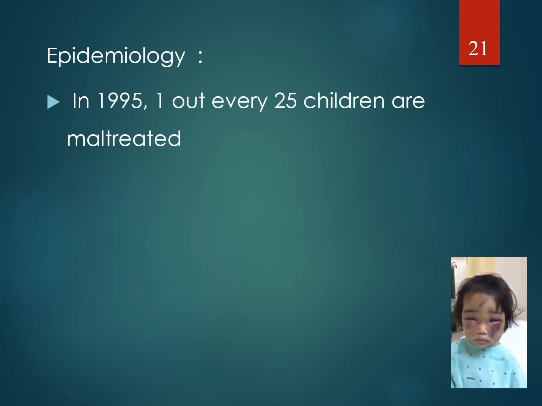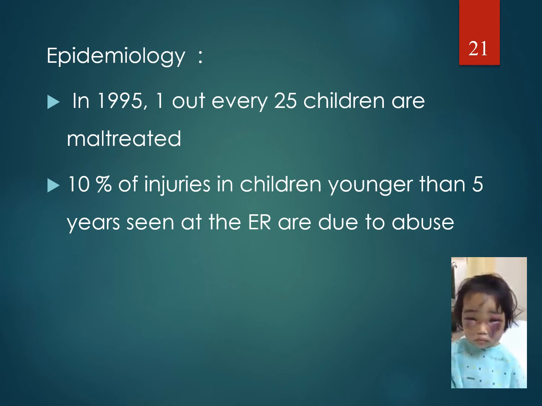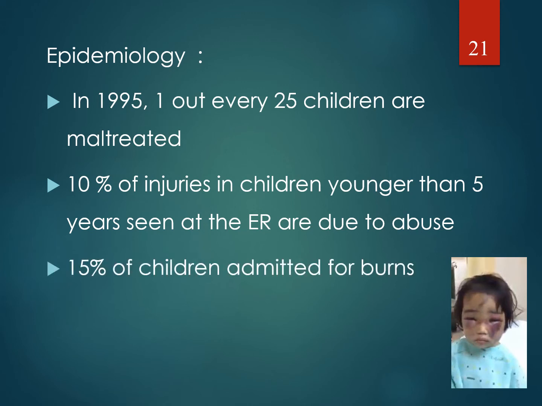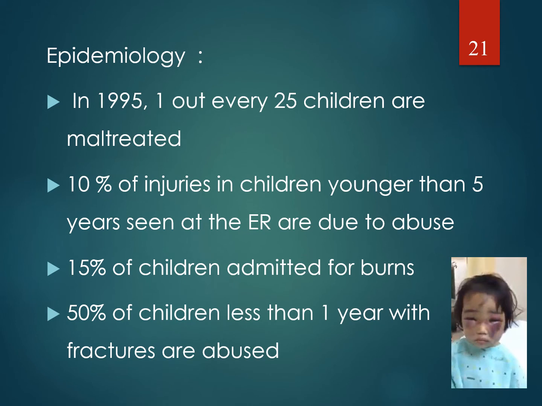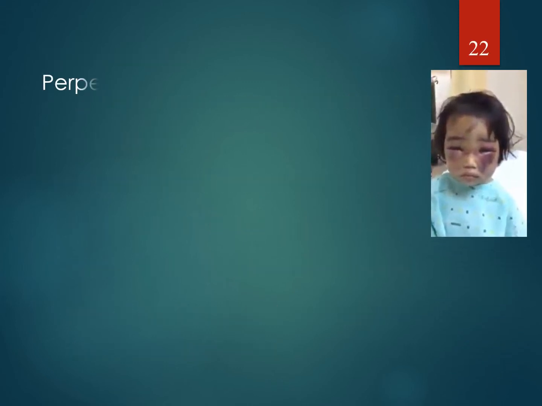So in 1995, 1 out of 25 children were maltreated. 10% of the injuries in children younger than 5 years seen in the ER are due to abuse. 15% of children admitted for burns, and 50% of children less than 1 year with fractures, are all caused by abuse. So, who are the perpetrators?